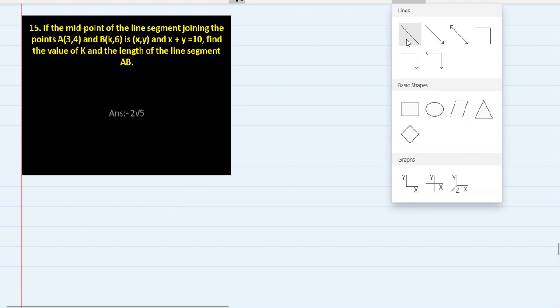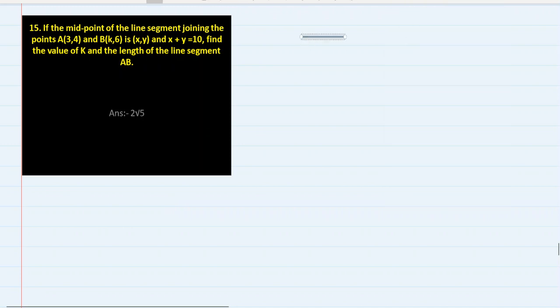Okay, so we have line segment AB in which A is 3, 4 and B is K, 6. The midpoint of the line segment joining the points A and B is x, y. Let's say the midpoint is P, x, y, and x plus y is 10. Find the value of K and the length of AB.